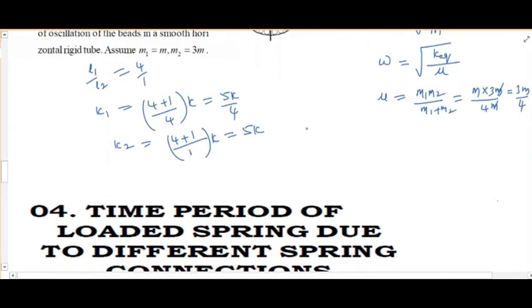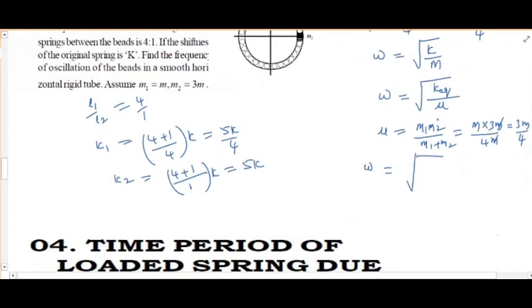Then omega is equal to square root of K equivalent by mu, where K equivalent is 25K by 4 and mu is 3M by 4. The 4 gets cancelled, so that is equal to square root of 25K by 3M.